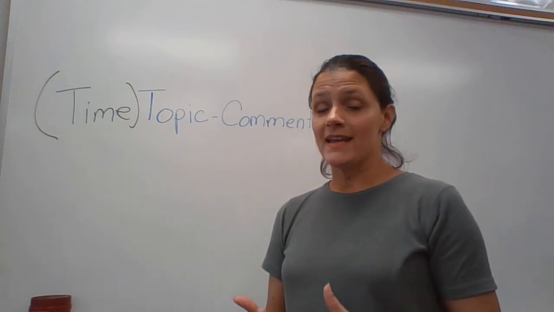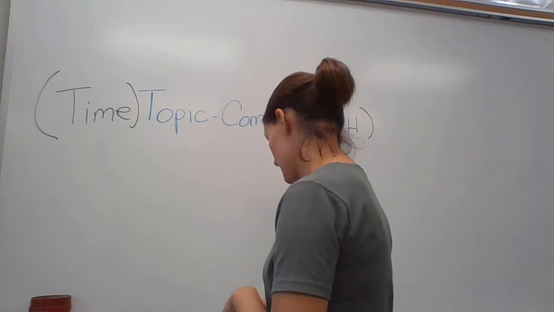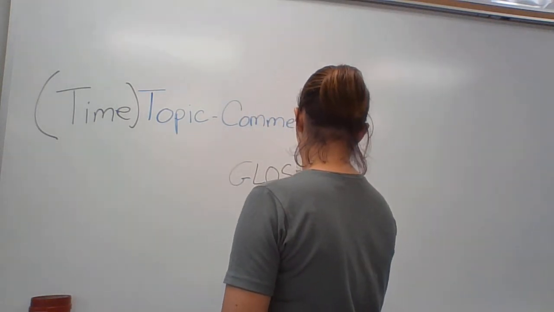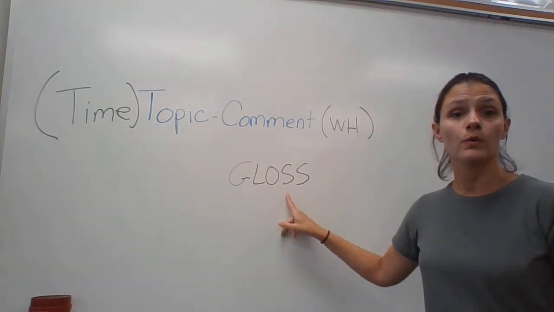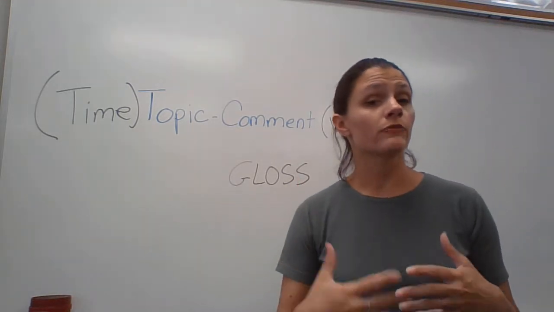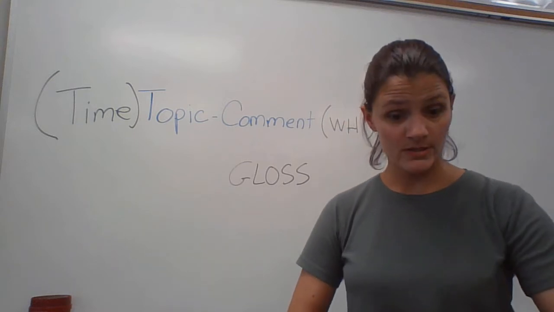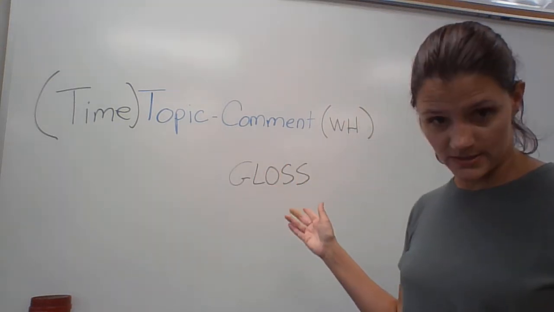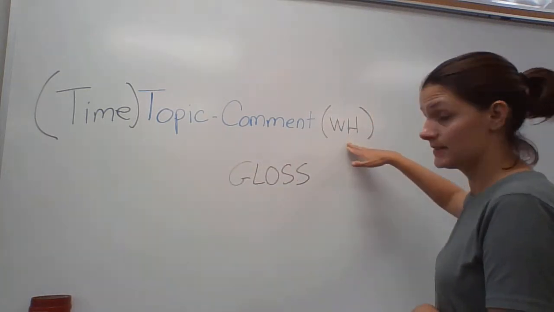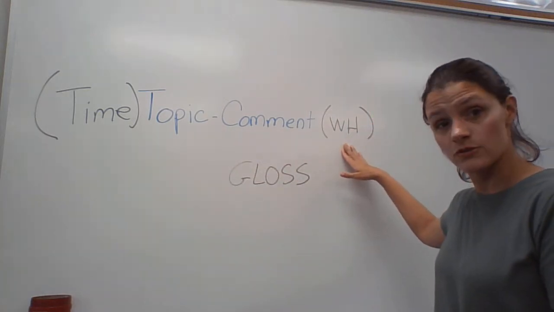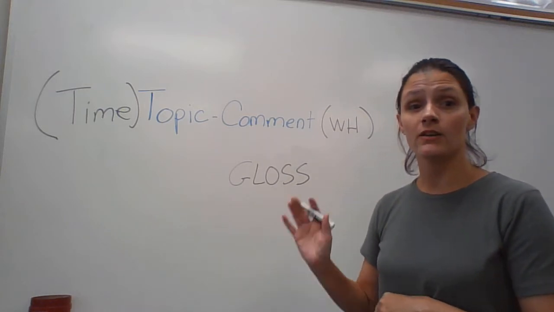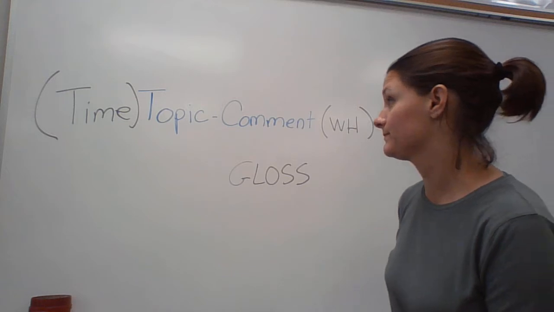They have created what's called gloss, which is an attempt to write ASL. Now, we are writing English words when we write gloss. We're not drawing hand shapes. However, we're writing it in ASL sentence structure. Formal gloss is always done in all capital letters.